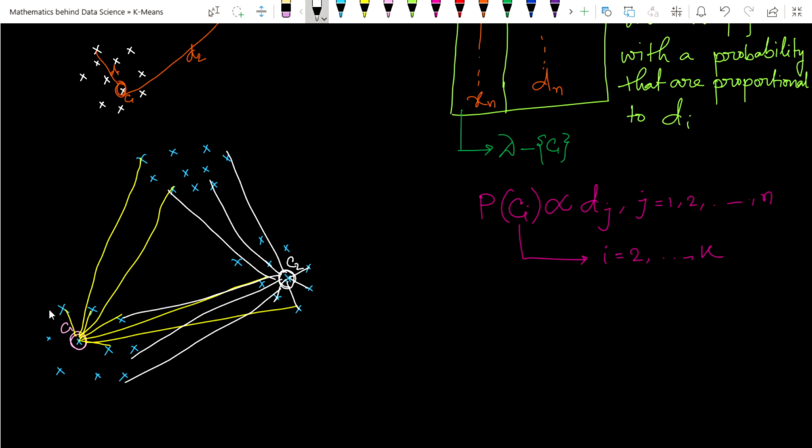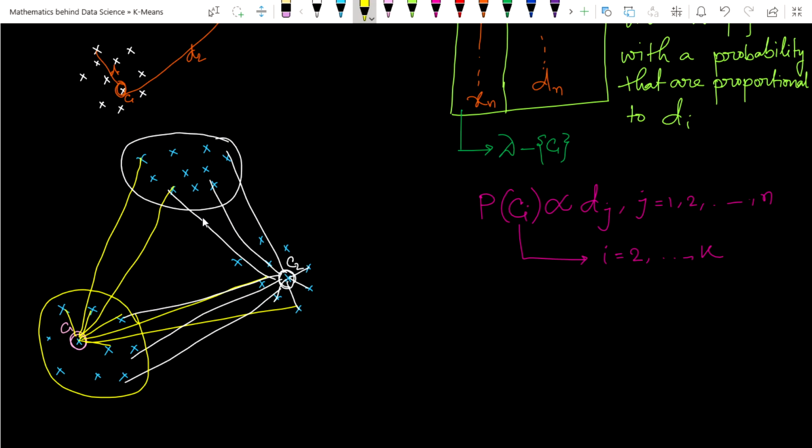Now we can remove this area for picking the next centroid, because we have already considered C1 as a centroid, and by simple distance calculations we have seen that these are the points closer to this centroid. So in the next iteration, we neglect these points.